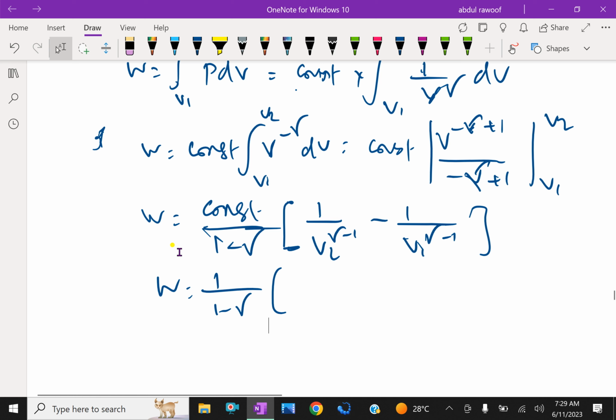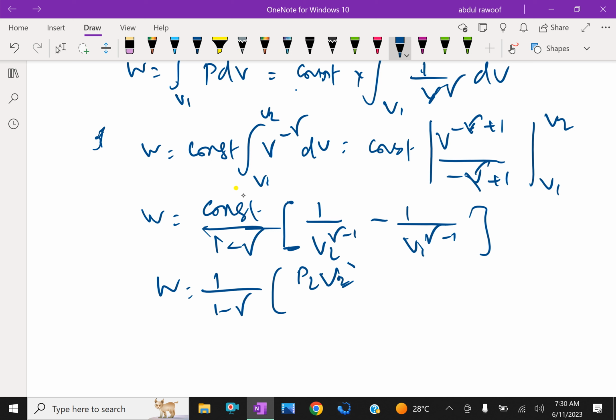We know the constant. The constant is P1 V1 to the power gamma or P2 V2 to the power gamma, because it is an adiabatic process.